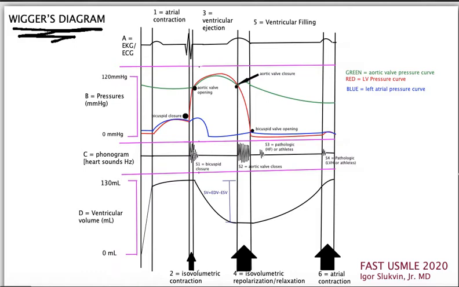Now, the S1 sound is caused by the bicuspid closure and the aortic valve opening. It would be very unfair for them to ask what the S1 sound is caused by, because this time period is so small.